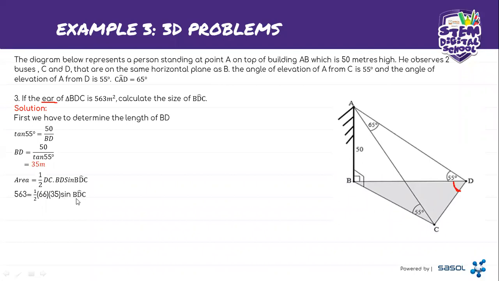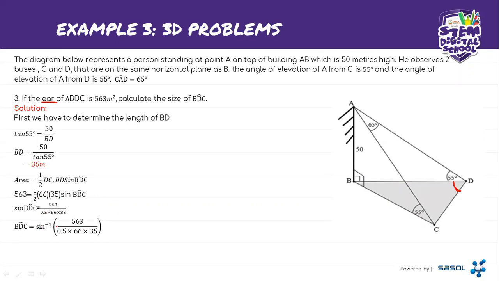Then the third step, we're going to divide both sides. This half 66 times 35. All right. Thereafter, you're going to divide by the sides so that you can be able to calculate the angle.